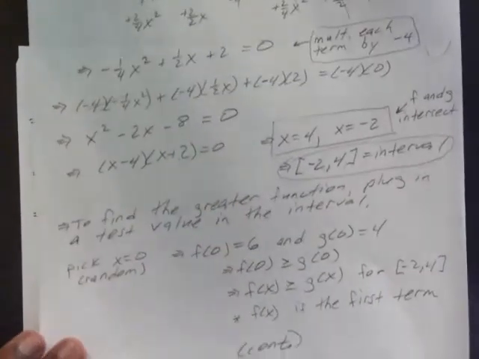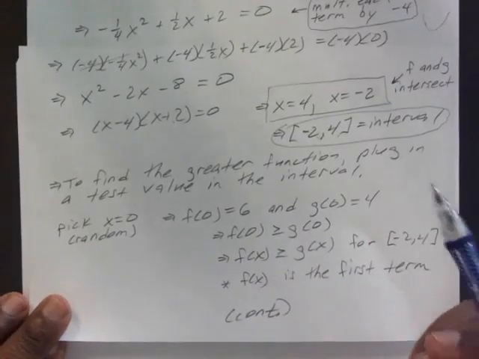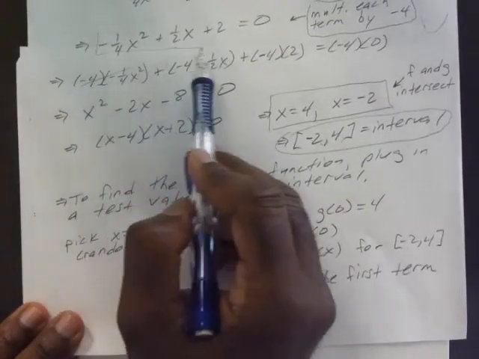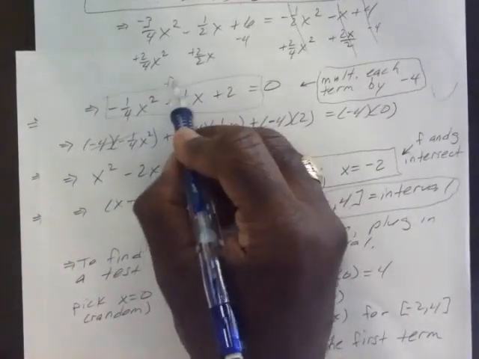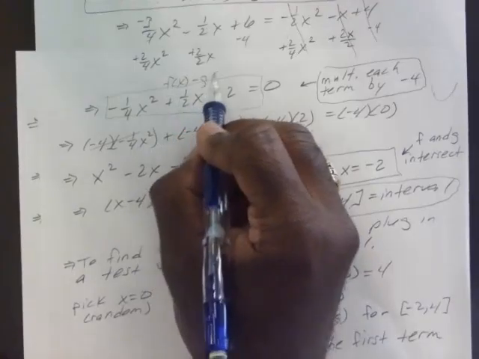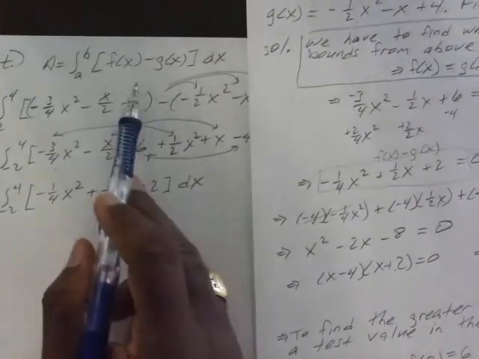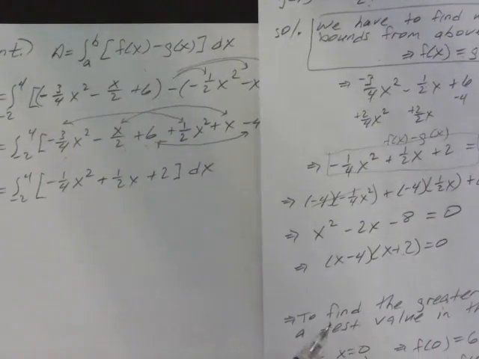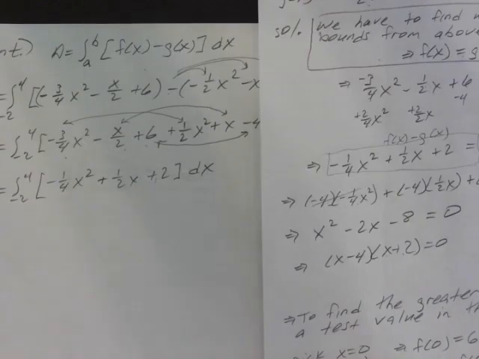So if you notice, this function here is just f of x minus g of x. So that's why when we did f of x minus g of x here, we ended up with the exact same function. Now it depends on luck, because this could have easily been g of x minus f of x.